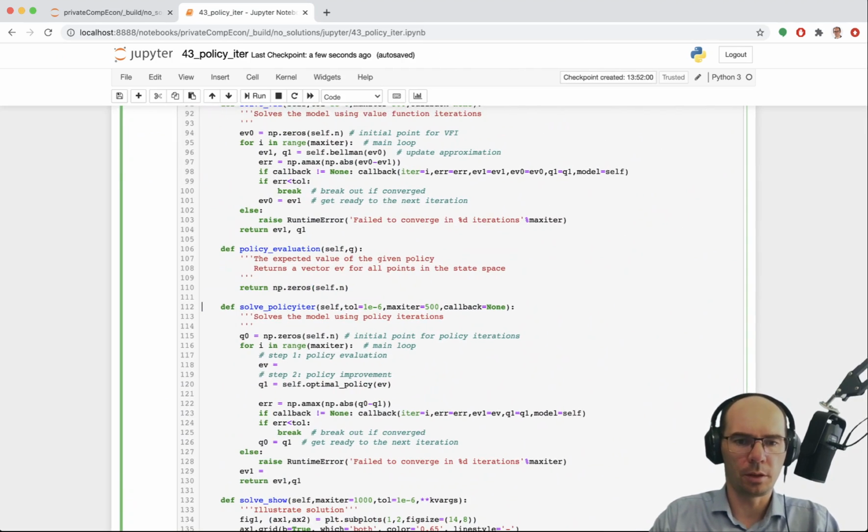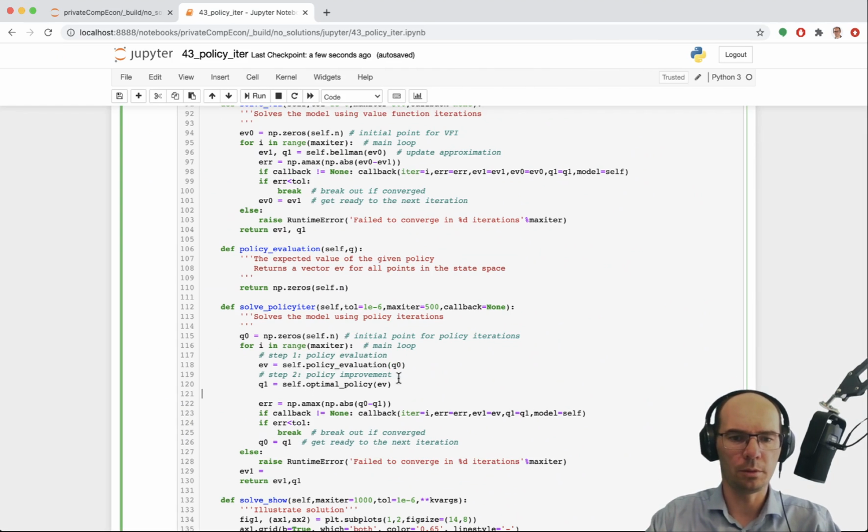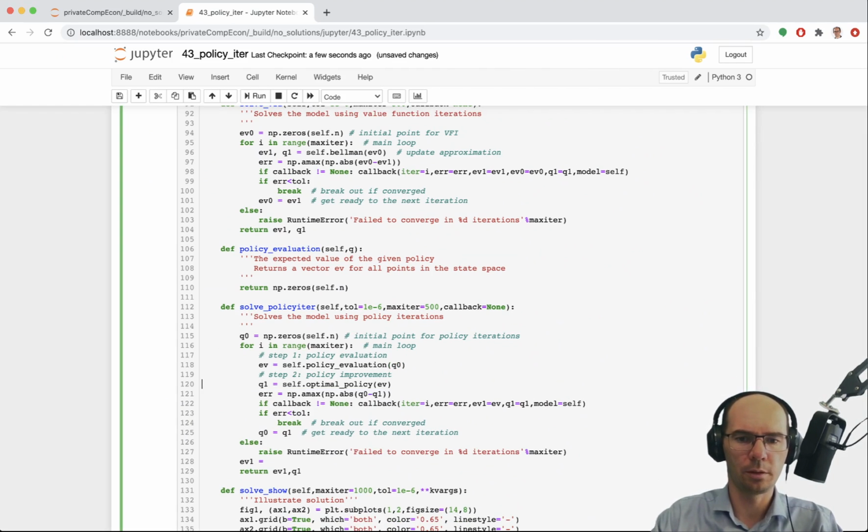So we are not done here, but we know now how to call this, and this is going to be self policy valuation of Q naught, okay, of the current Q, and this is where Q is updated.